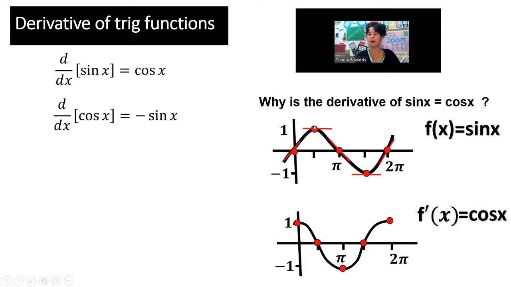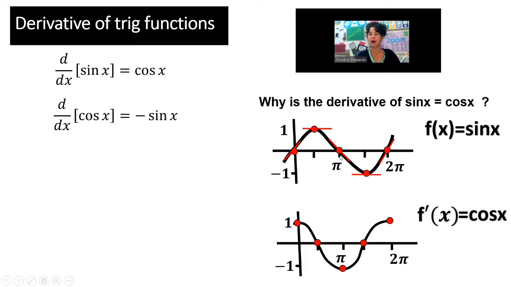All the way from pi over 2 to 3 pi over 2, the function was decreasing, and notice between pi over 2 and 3 pi over 2, the graph of the derivative is below the x-axis. Then from 3 pi over 2 up through 2 pi, the graph of sine of x is increasing, and the graph of its derivative is above the x-axis.